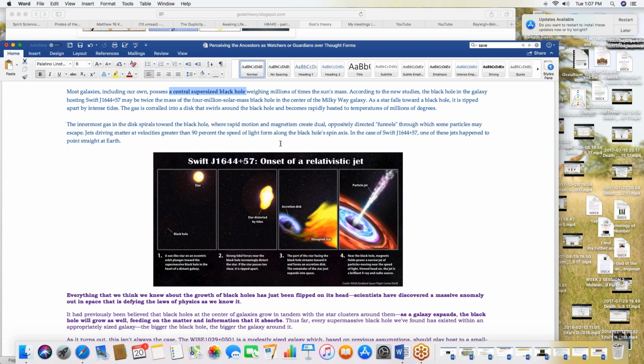Jets driving matter at velocity greater than 90% the speed of light form along the black hole's spinning axis. In the case of Swift, one of these jets happened to point what? Straight toward the earth. We ordered that. We're the ones that stirred that up.